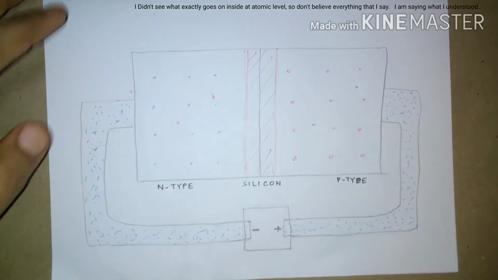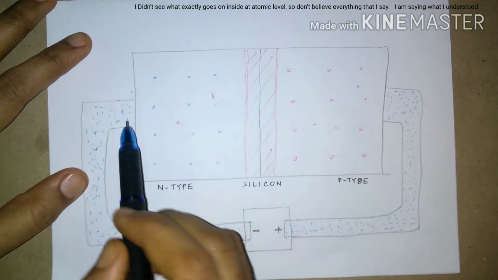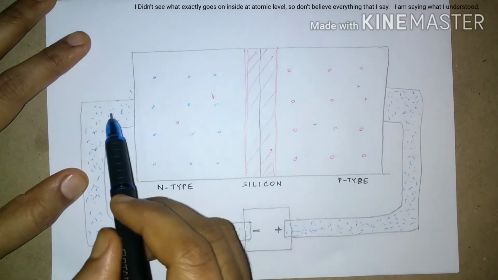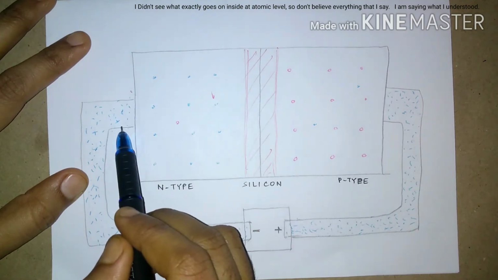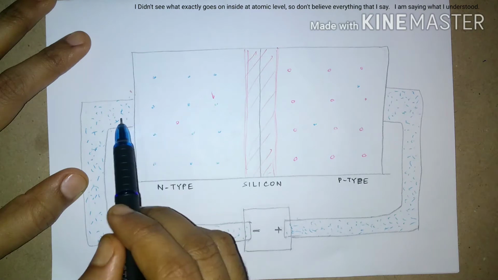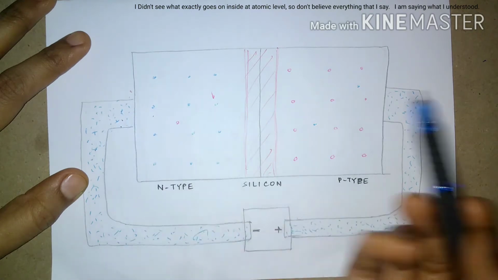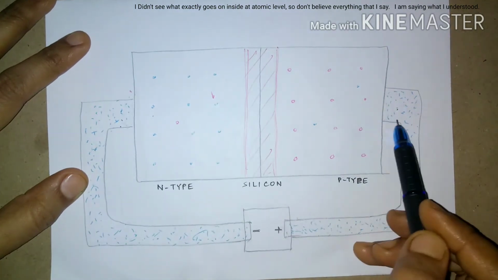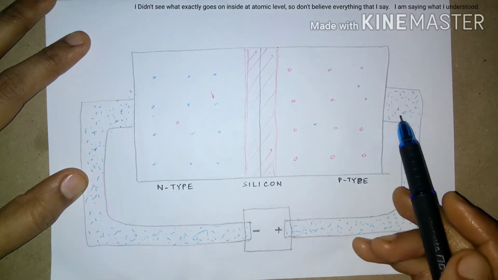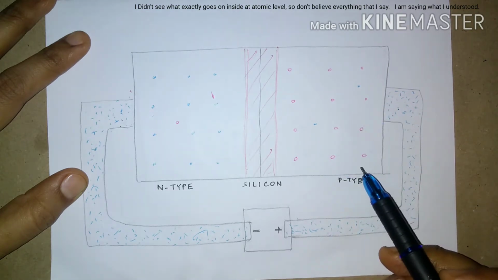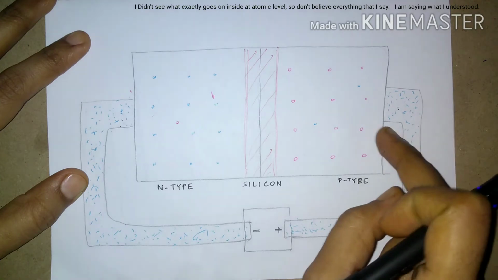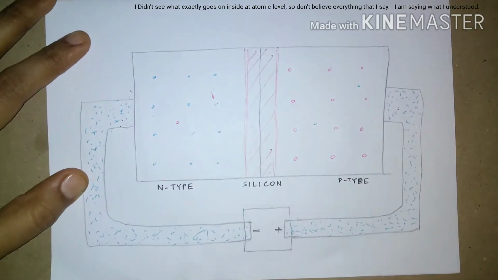So we have to neglect all those factors, or else we will definitely get a doubt. See, here there are many electrons, here there are fewer electrons, these electrons should come this side, or here there are many electrons, here there are holes, these electrons should come and fill in these holes. Such things are taken care of using different materials and different contacting types.